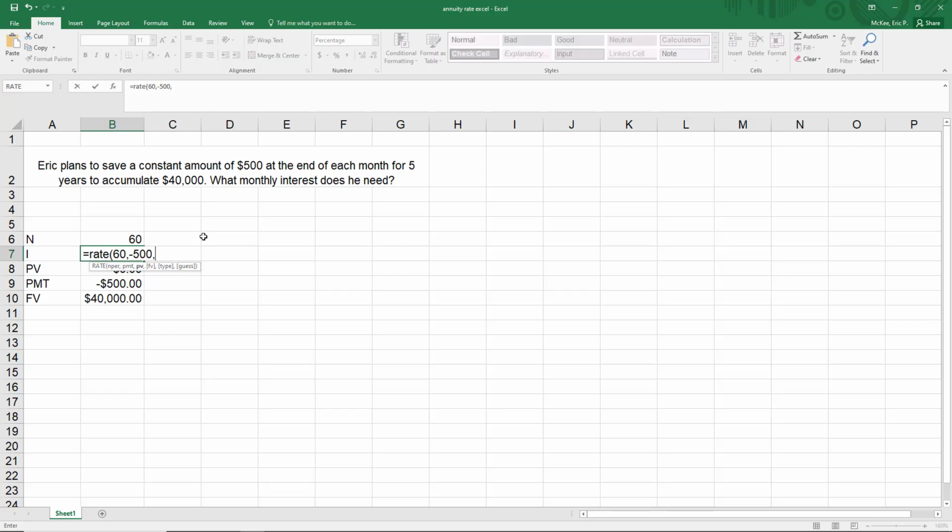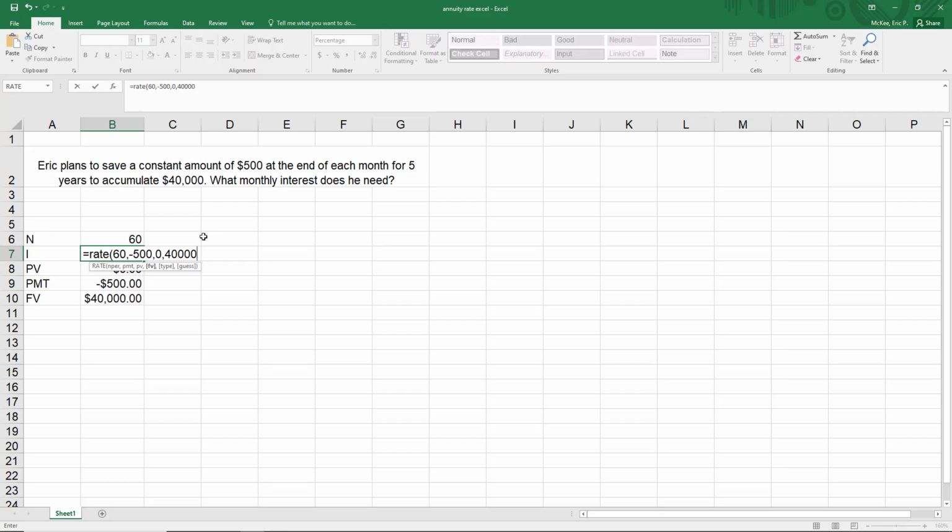PV is present value. That was 0. And then FV for future value. Excel has a default value. We know that because of the closed brackets. The default value is 0. 0 is not the amount we're trying to accumulate here. We're trying to accumulate 40,000. So I put in 40,000 instead of leaving it blank or putting 0 in. And then type and guess we can leave alone.